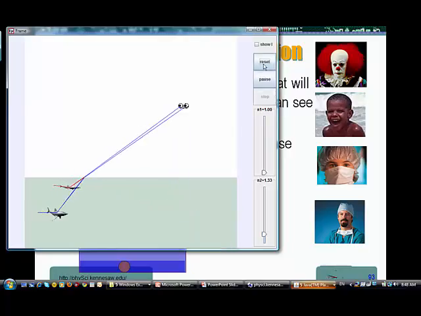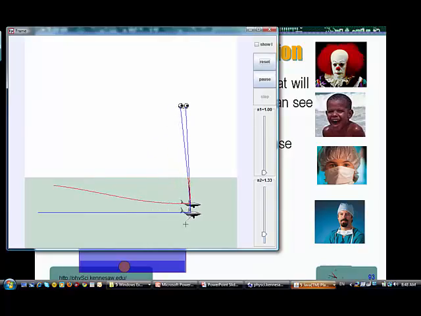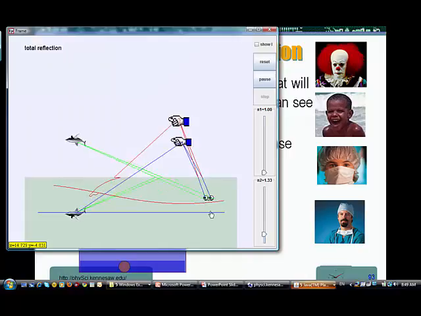I could have just reset it. Okay, 1.33. Okay, we talked about the apparent depth. It's going to be less because we have a higher index of refraction. Let's reverse the roles a little bit. What I'm going to do is take, when it's going to allow me, again, okay, and I'm going to move the eyes below.